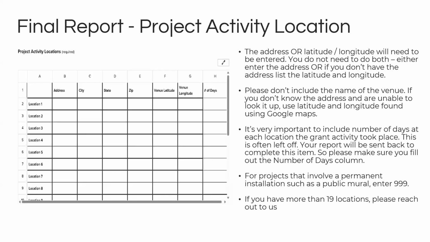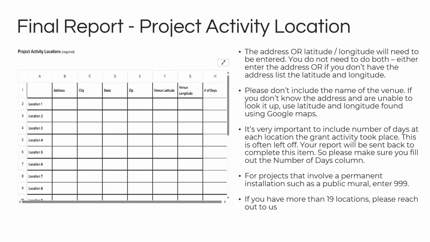You don't need to add both. So either just enter the address, or if you don't have the address of the facility, list the latitude and longitude. Please don't include the name of the venue or location in the entry. If you don't know the address and aren't able to look it up, just use latitude and longitude found using Google Maps.